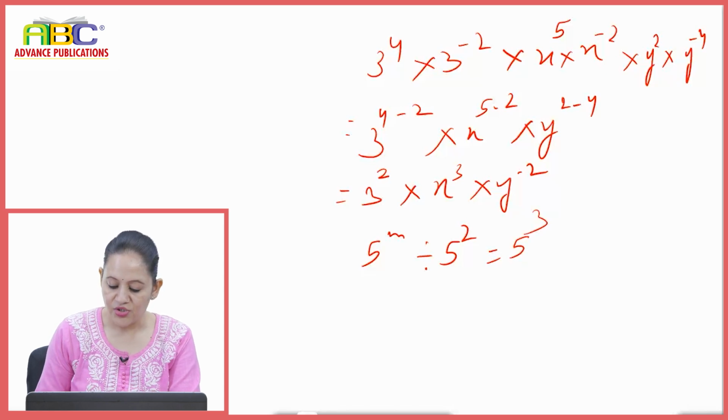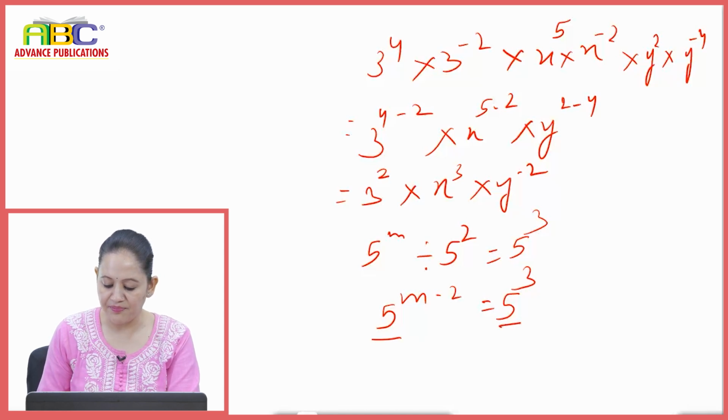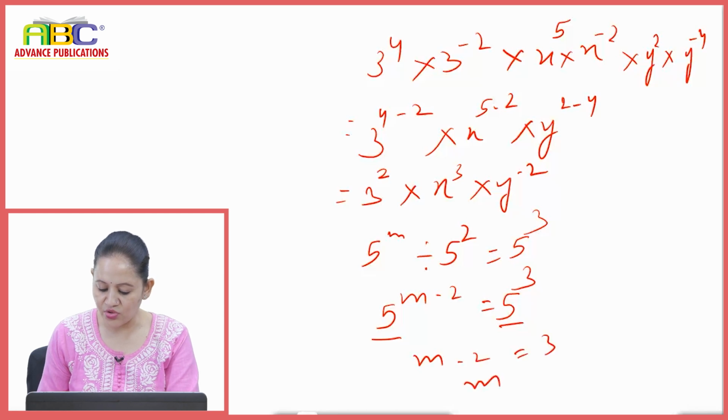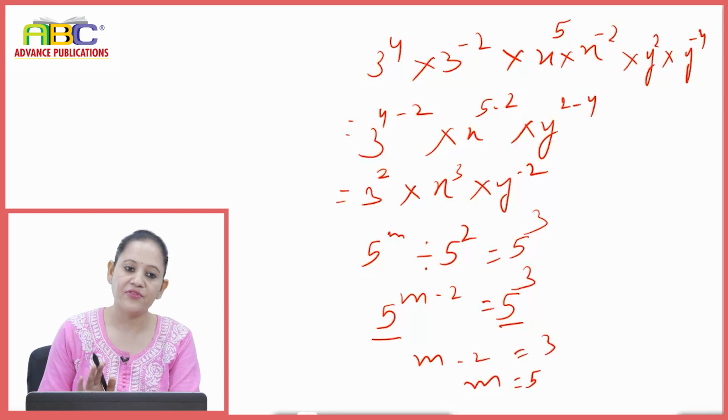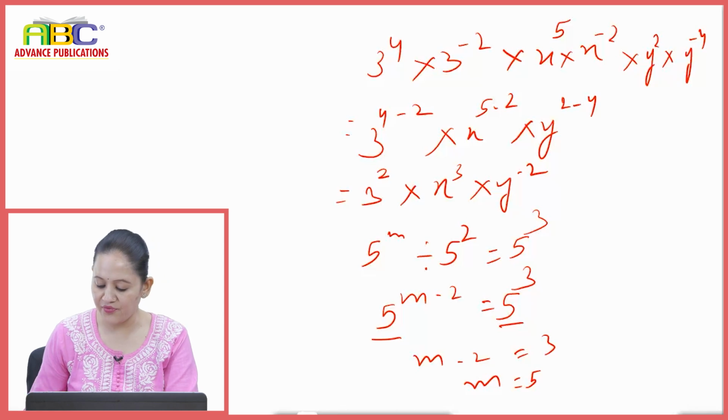Clear? So this becomes 5 is to power m minus 2 that is equals to 5 is to power 3, because it is division. Now the base is same, so we'll compare the powers. M minus 2 equals to 3. So m equals to 3 plus 2, that is equals to 5. Clear? So this is how we'll find the value.